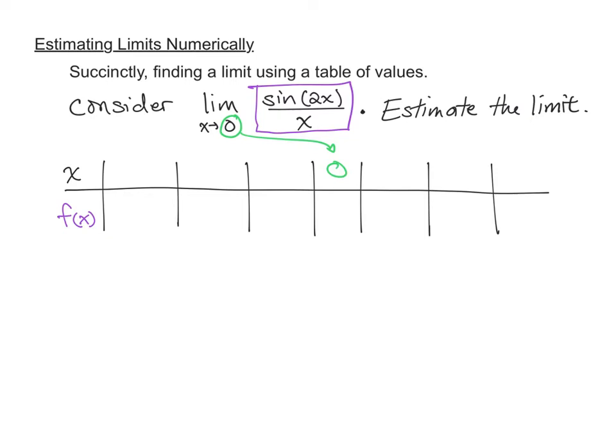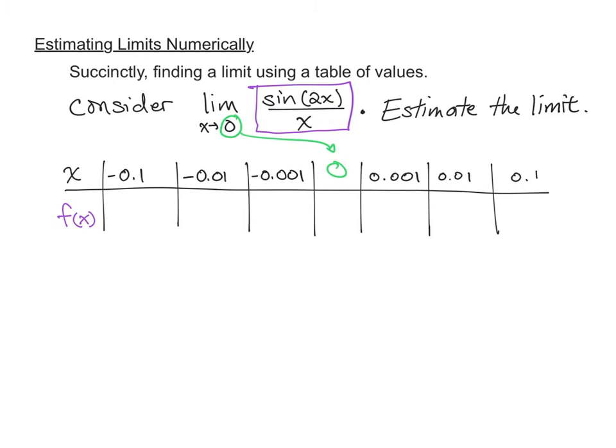And how you want these values to act is that they will get closer and closer to 0. They will approach 0, just like the limit tells you to do. So we will pick -0.1, -0.01, and -0.001. And similarly on the right side, we will pick 0.1, 0.01, and 0.001.